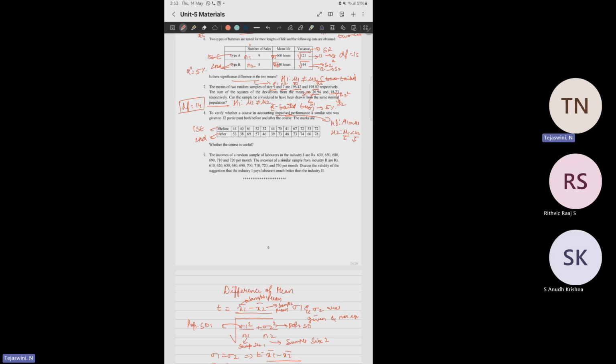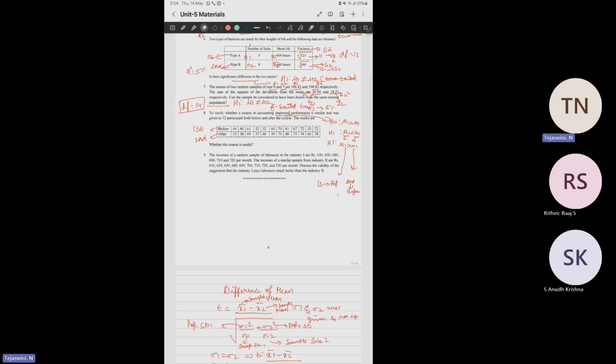If we take the second sample to be before and the first sample to be after, then our alternative hypothesis will be mu1 greater than mu2, when the first sample is after and the second sample is before.